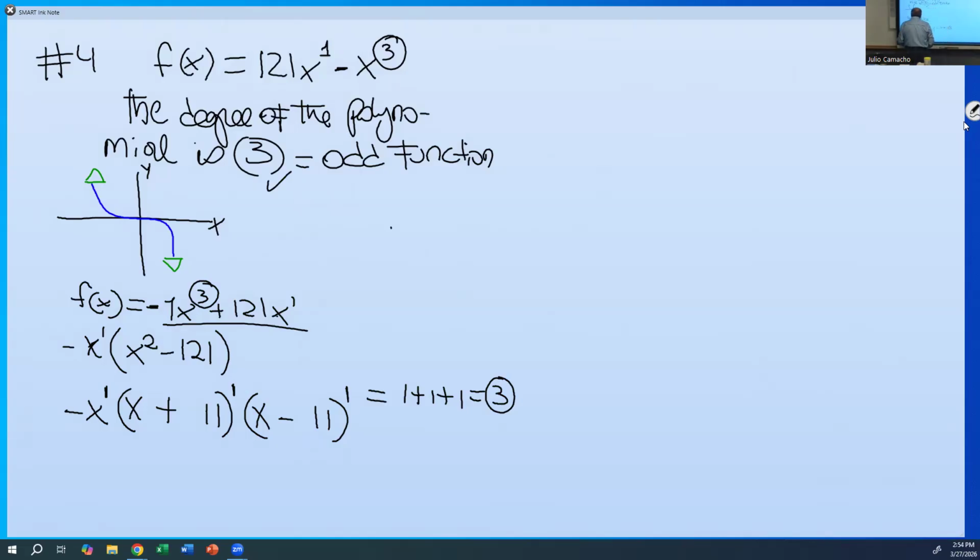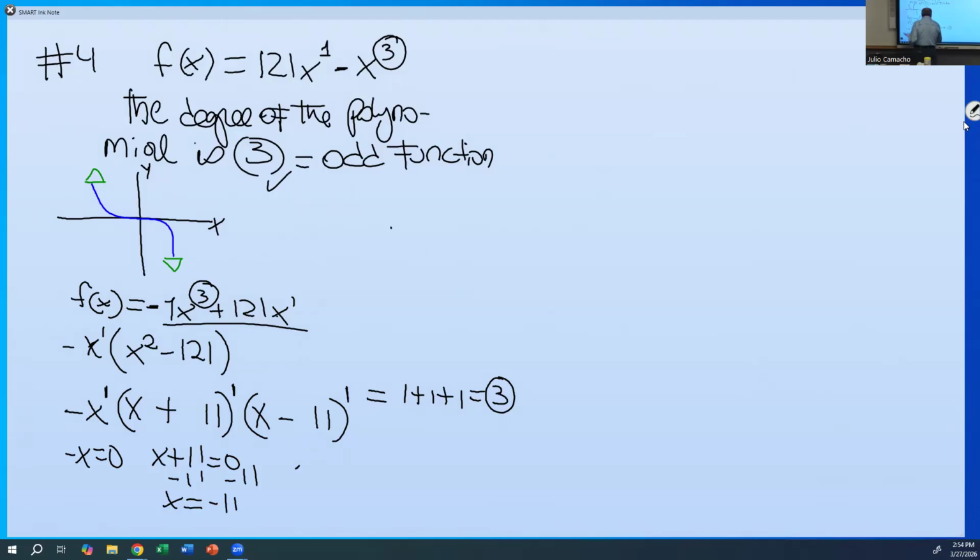But now we can find out also where the zeros are. The first zero will be when negative x is equal to 0. Then the second one, x plus 11 is equal to 0. If you subtract 11 from both sides, the final answer is that x is equal to negative 11.